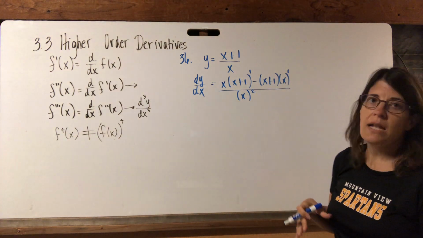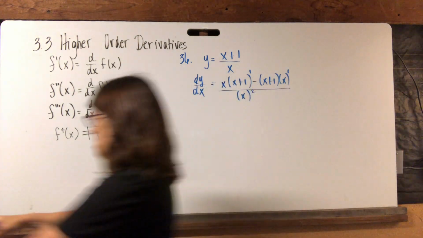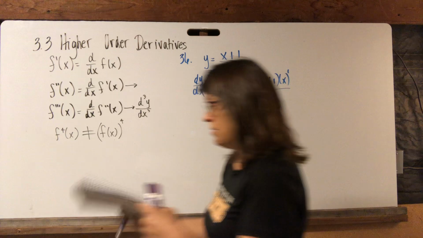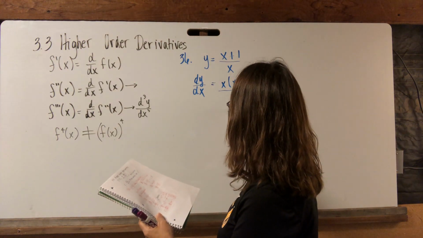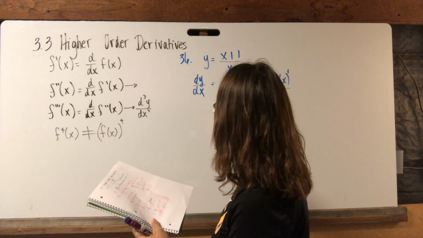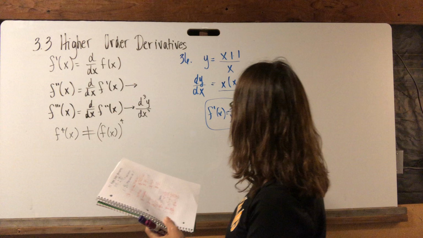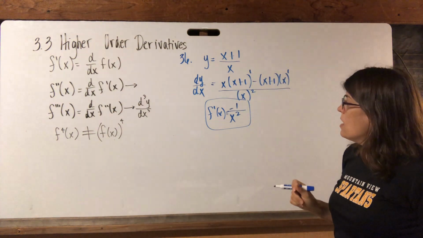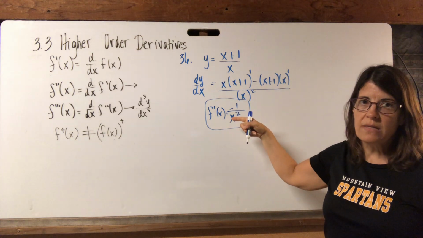As I said, I've already done the PDF worked out, so I'm going to skip some steps here. With all my work worked out, this ends up being negative 1 over x squared. Okay, f prime of x, the derivative of y with respect to x, they mean the same exact thing.